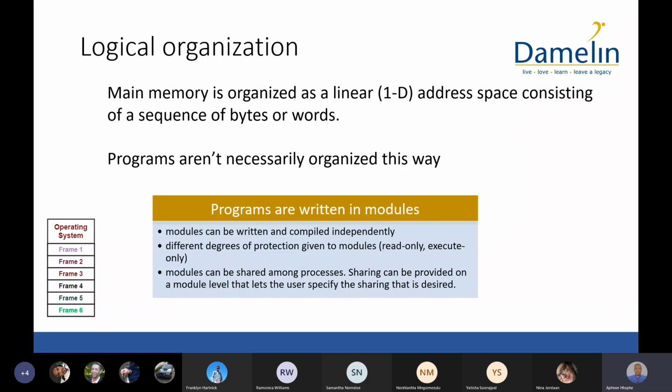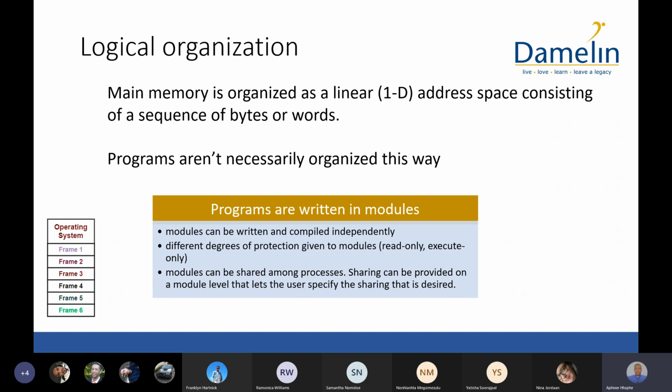And also there is logical organization. What they are saying here is that although main memory is structured in a very one-dimensional linear manner, you can see here in the conceptual diagram for main memory that it's very one-dimensional. It's just boring frames. But programs are not necessarily organized this way.